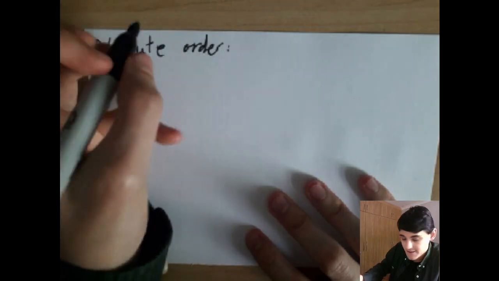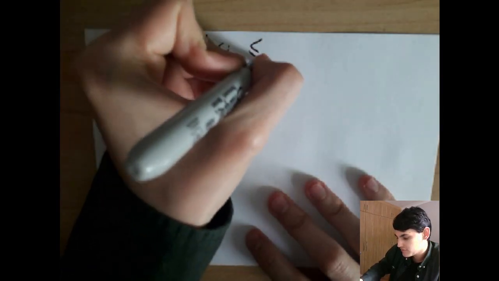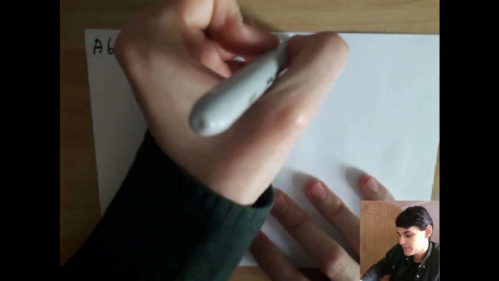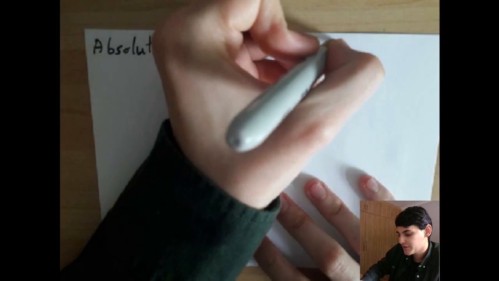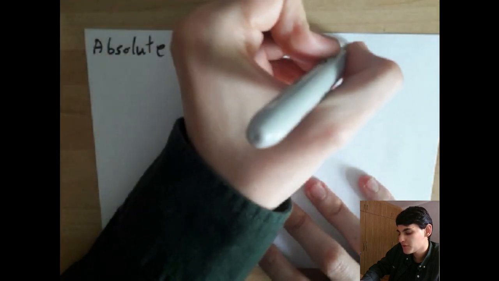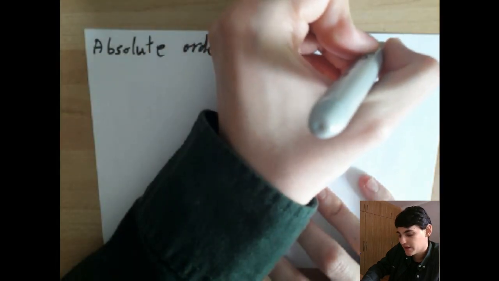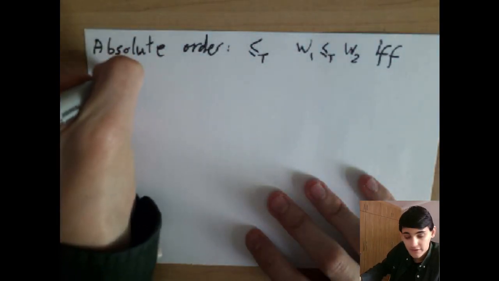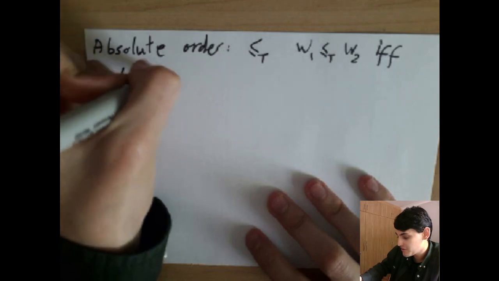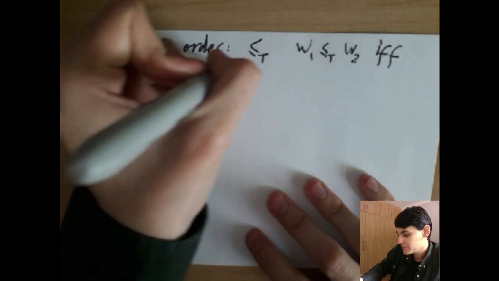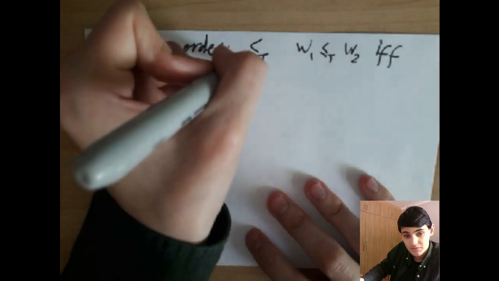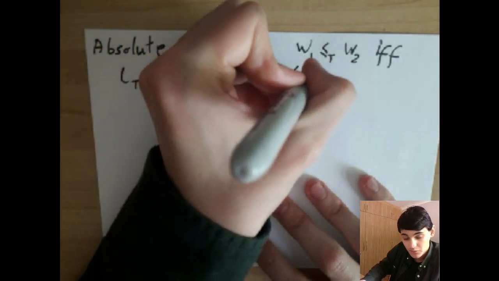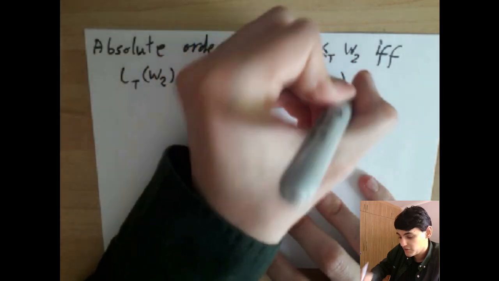We have a relation less than or equal sub T, and we have w1 less than or equal sub T to w2 if and only if the length of w2 is equal to the length of w1 plus the length of w1 inverse w2.